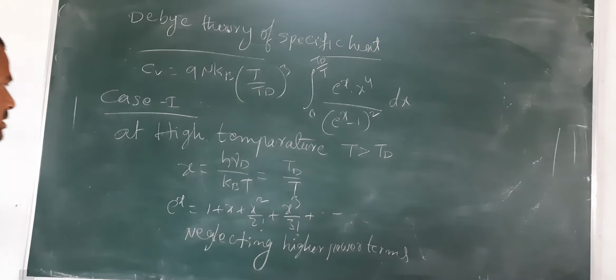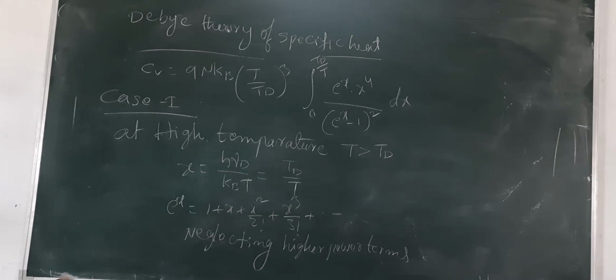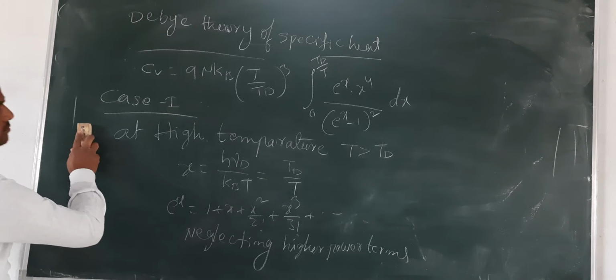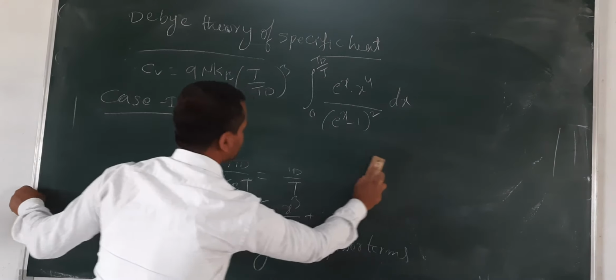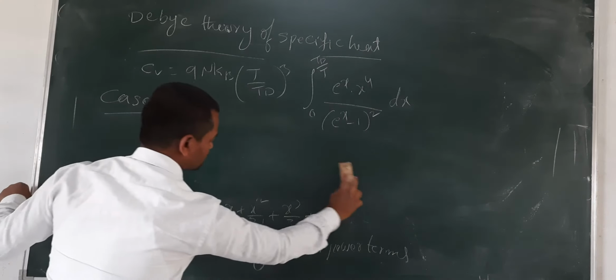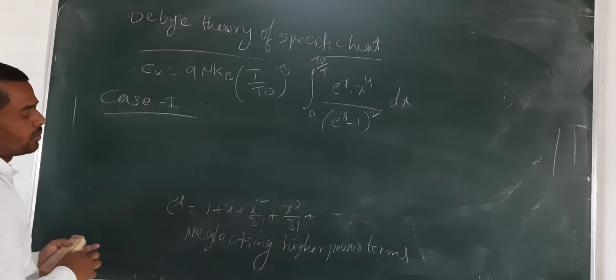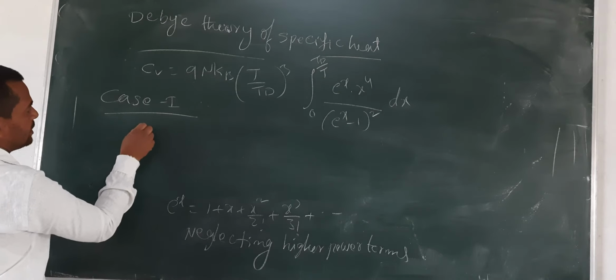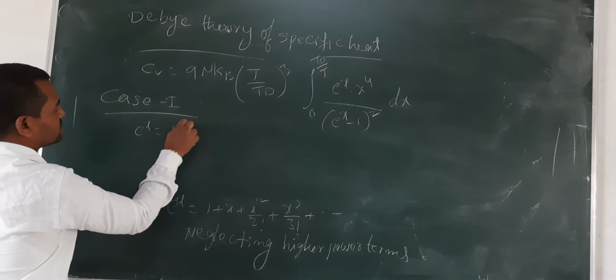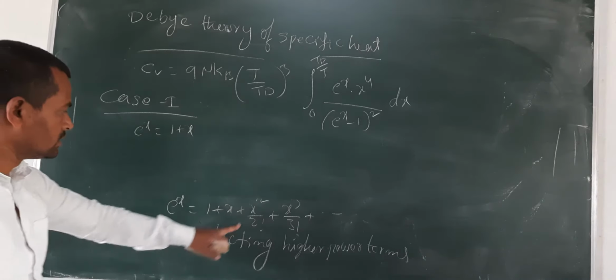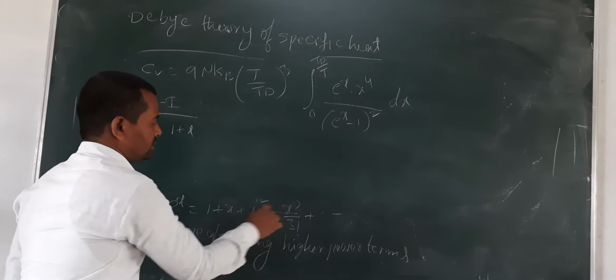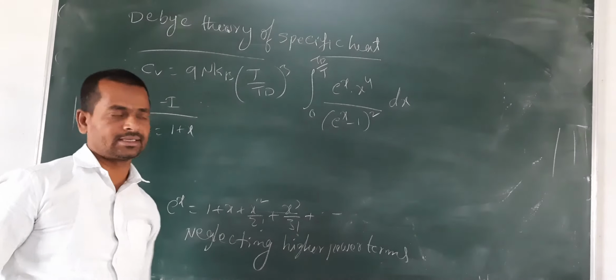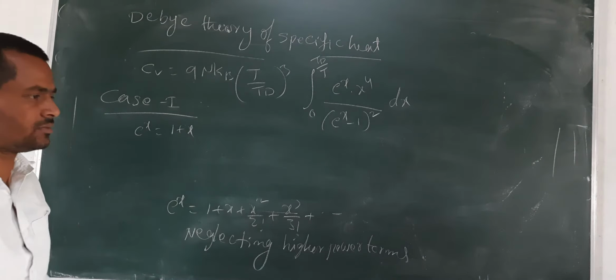Now when the higher power terms are neglected, e power x can be written as 1 plus x. All the other terms are neglected, so only the remaining two terms are there.